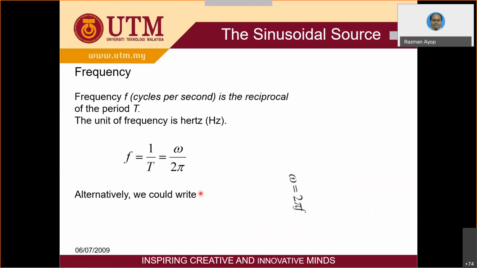How about frequency? As I mentioned before, frequency is just 1 over T, or equals W over 2 pi. You need to memorize this formula because it is not available in your formula sheet. For this course, there is no formula sheet.